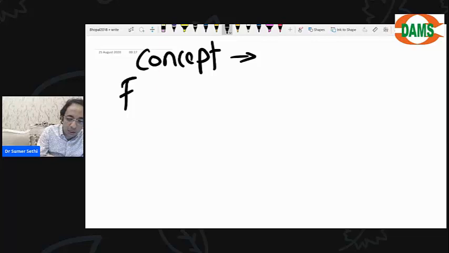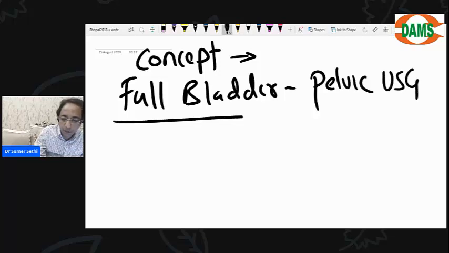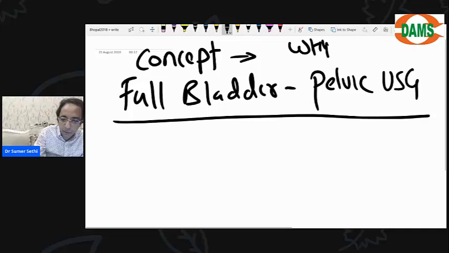Now, can you tell me, why do you need a full bladder while doing pelvic ultrasound? Why? मैंने बोला ना, why बताऊंगा मैं. Okay, why do you need a full bladder while doing pelvic ultrasound? Okay, now see and understand.